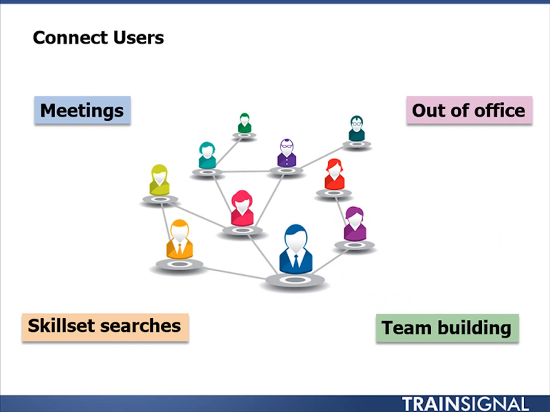How can our users connect? Well, let's take a very common scenario. Let's take a meeting. If I've got an organization that's larger than probably about 30 or 40 people, chances are I don't know everybody inside the organization. So now all of a sudden I get a meeting invite, need to be in X conference room at Y time, and I look through the list of people, and there's a name on there that I don't recognize.